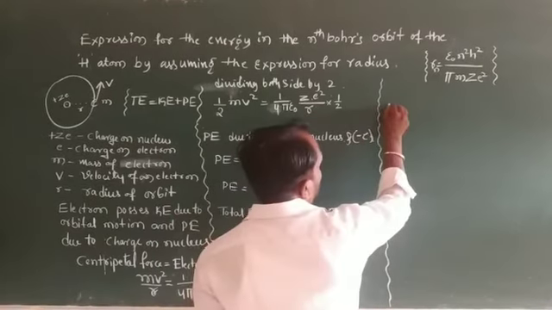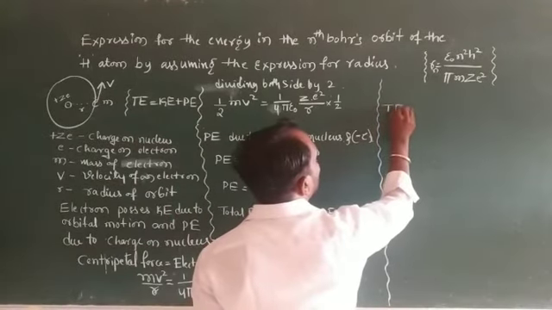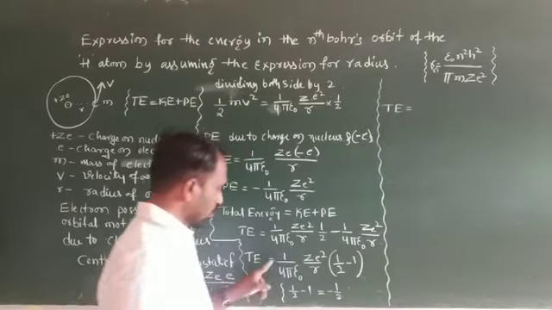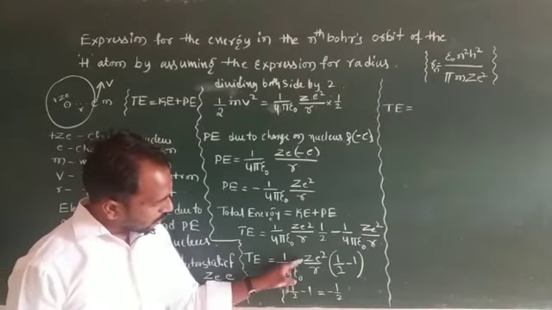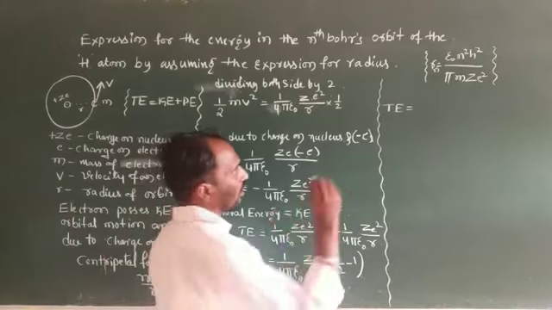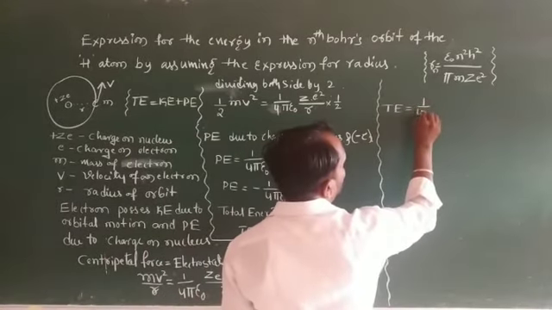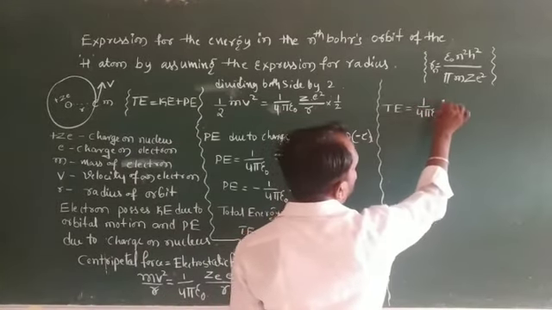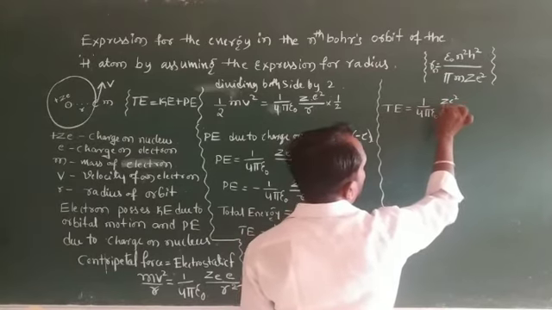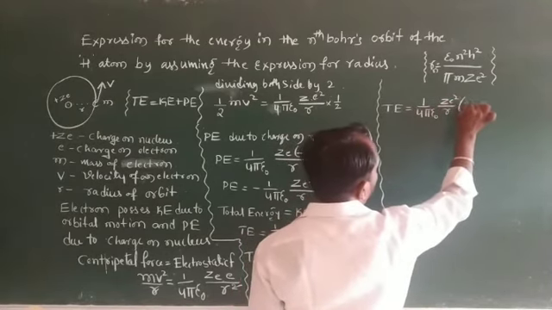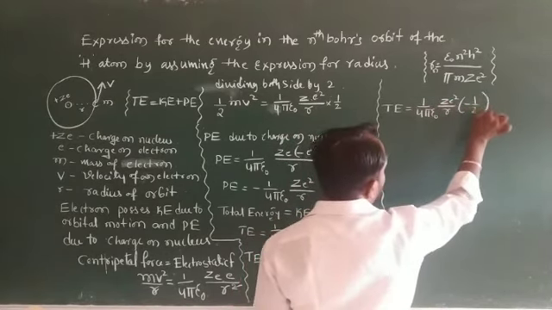So total energy is equal to 1 by 4 pi epsilon naught Z E square divided by R into minus 1 by 2.